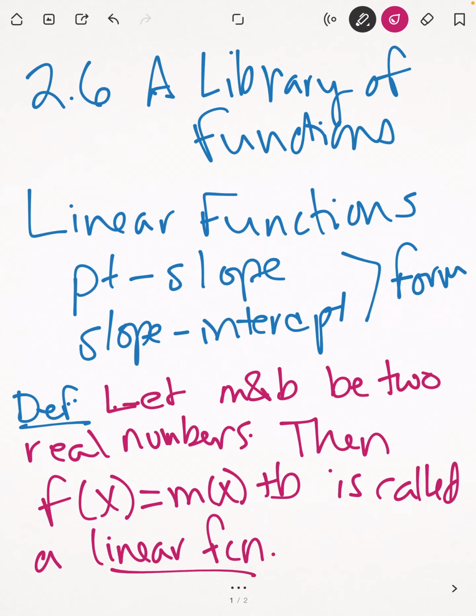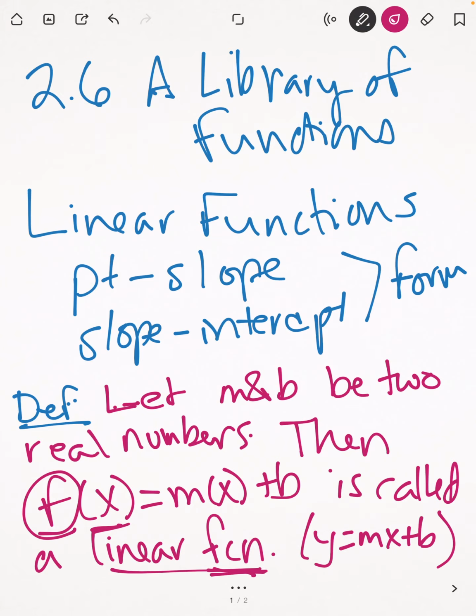That's important for us to know because before, we were writing it as y equals mx plus b, and that was what we called a linear equation. But now we're talking about a linear function. Remember, functions have a letter as their name, and they take an input variable to map onto an output variable.